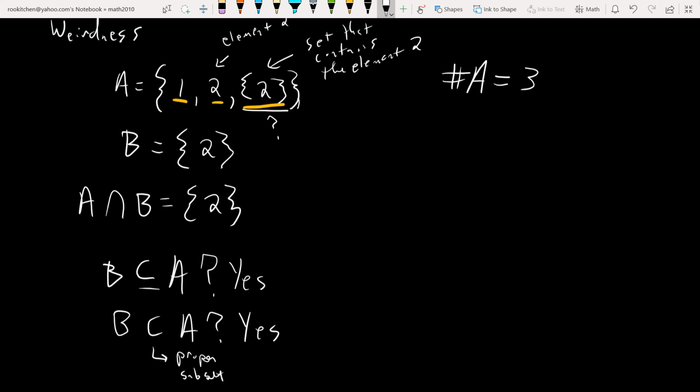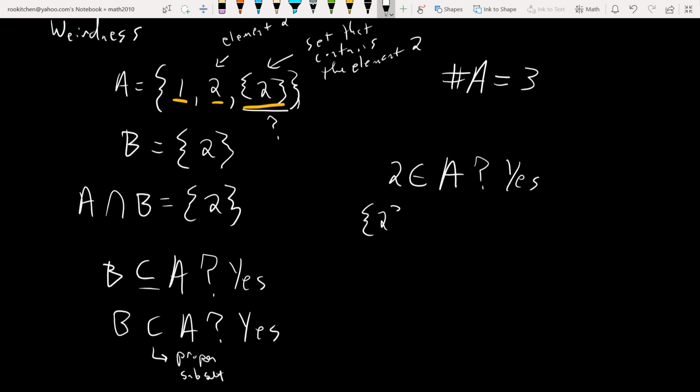Okay, then there's weirdness with regards to being an element of versus being a subset of. So here's some weirdness. Is 2 an element of A? Yeah, the element 2 is inside of A, so yes.